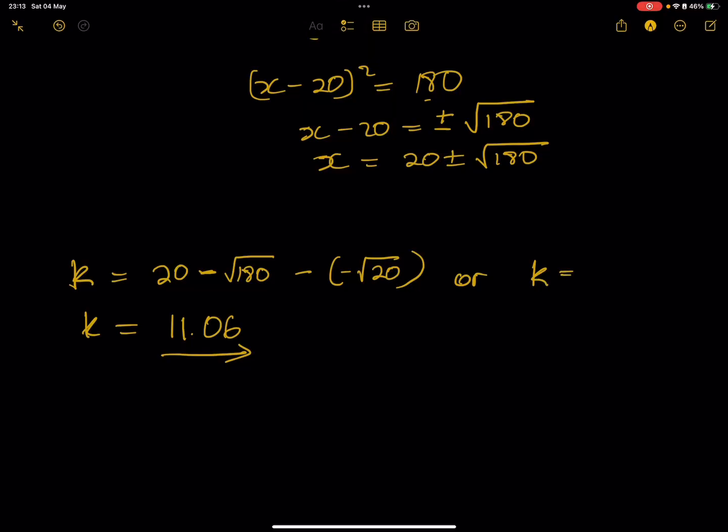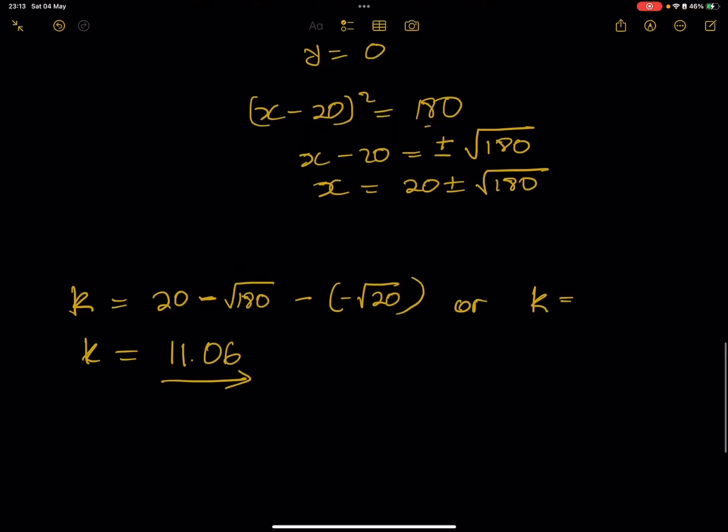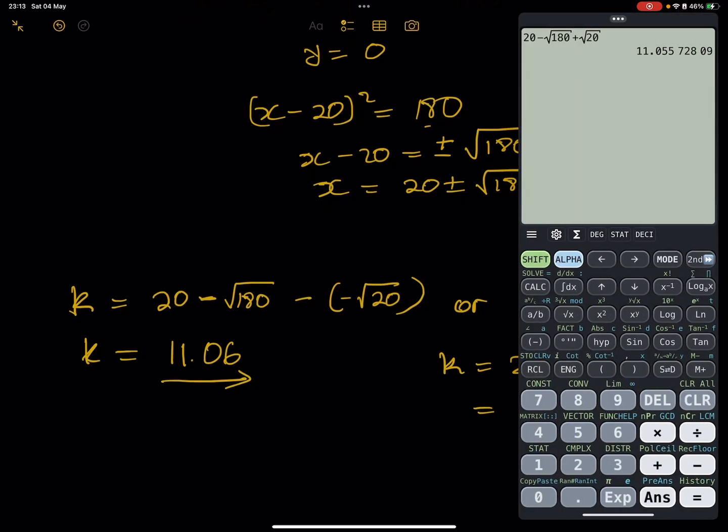would be equal to, can I just write it underneath here? So k would be equal to 20 plus the root of 180 minus square root of 20. All right, so let's find out.